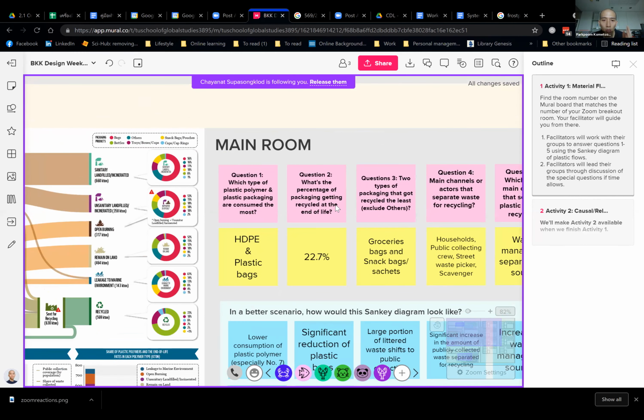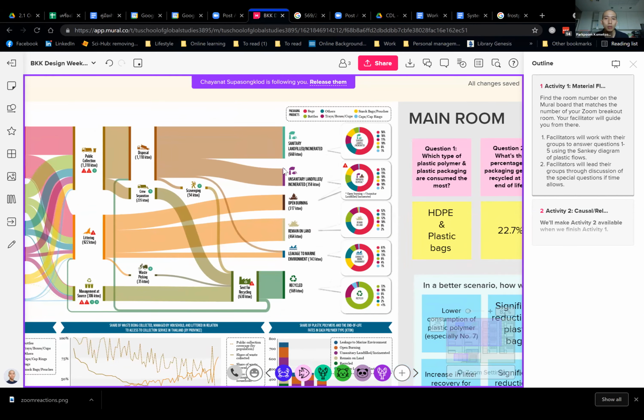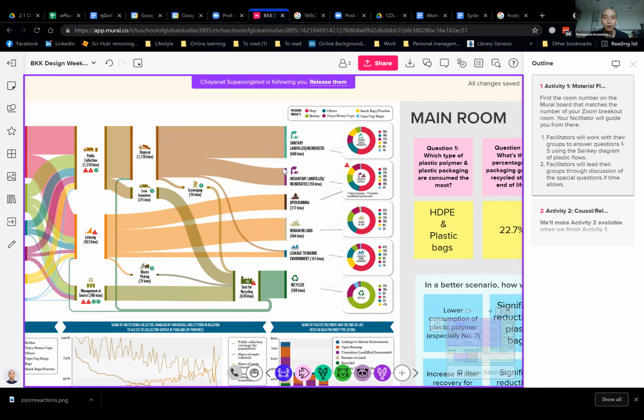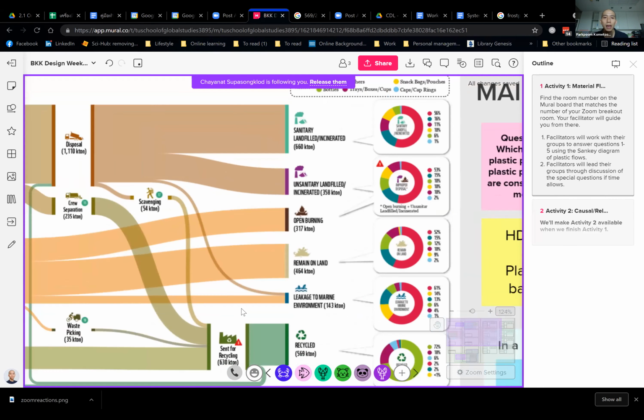The second question is, what percentage of all the packaging products gets recycled at the end of life? To find the answer in this diagram, you go way to the right, to the end of life. What happens to each packaging once it's consumed? There are multiple outcomes. It could go to landfill, which can be sanitary or unsanitary.